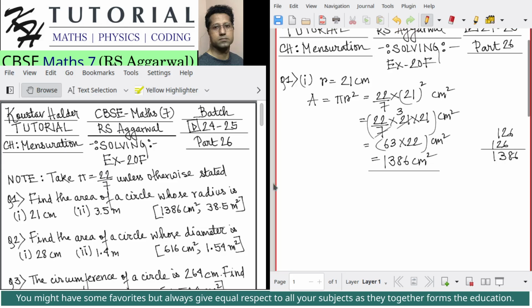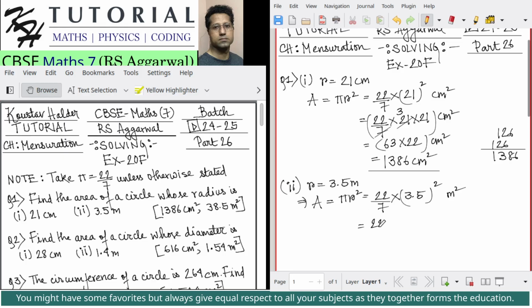Okay. Part 2, the radius r is given to be 3.5 meter. So this implies A will be equal to pi r square, which will be equal to 22 by 7 multiplied by 3.5 square, this much meter square.